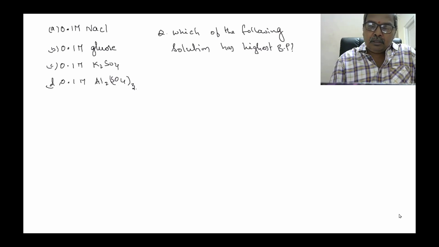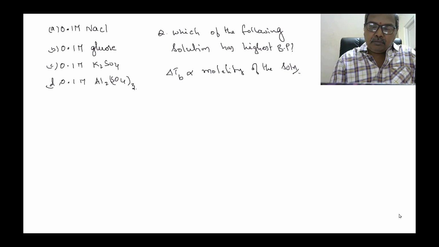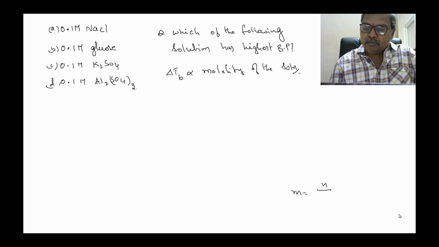Now, delta TB, this is elevation in boiling point, is directly proportional to molality of the solution. Right? Now, molality is number of moles of solute by weight of the solvent in kg.